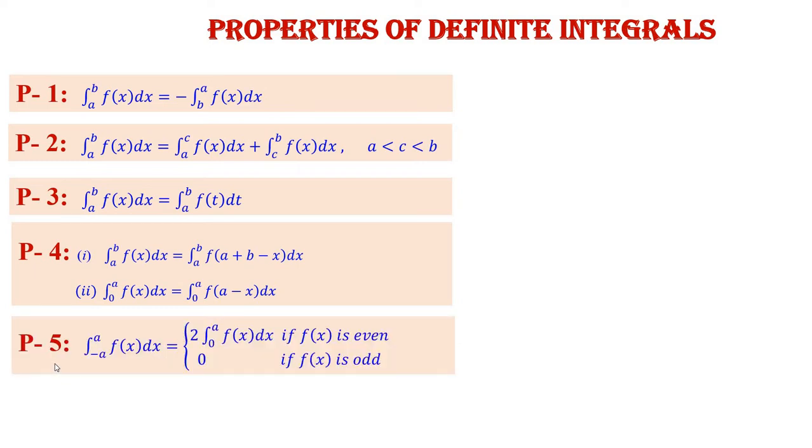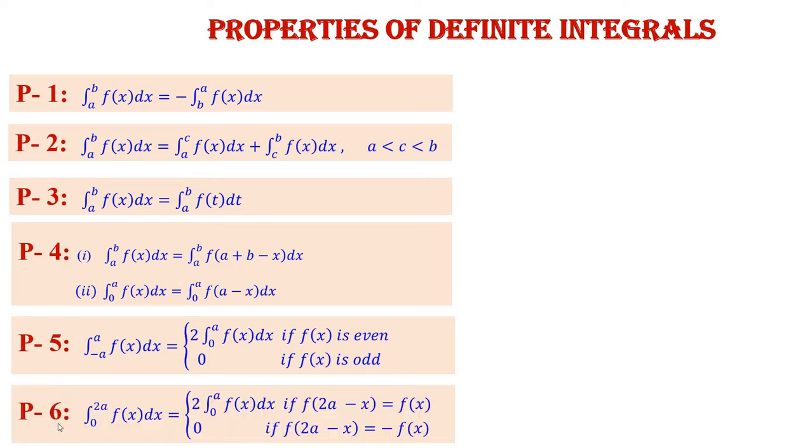And the fifth one is integral minus a to a f of x dx. Its value will be twice integral 0 to a f of x dx if f of x is even, and if f of x happens to be an odd function, then this integral value will be just 0.